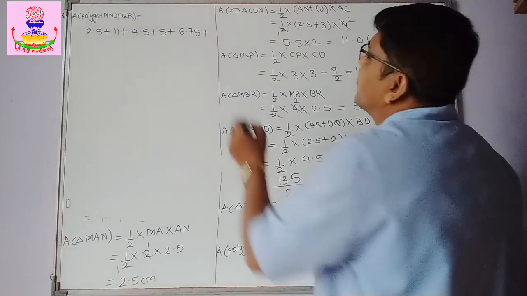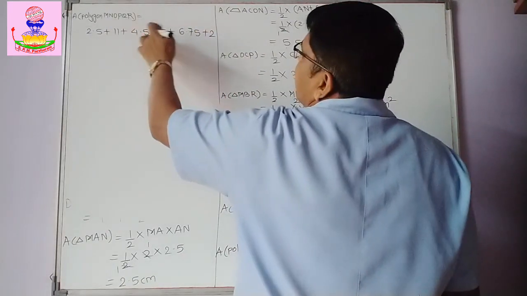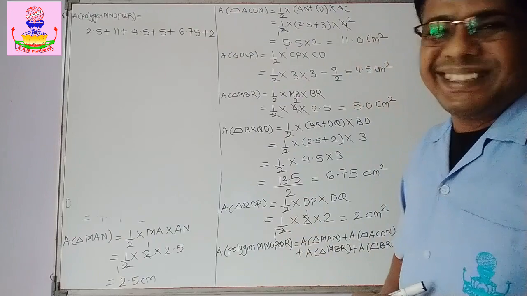It is how much? QDP 2. So 1, 2, 3, 4, 5, 6.